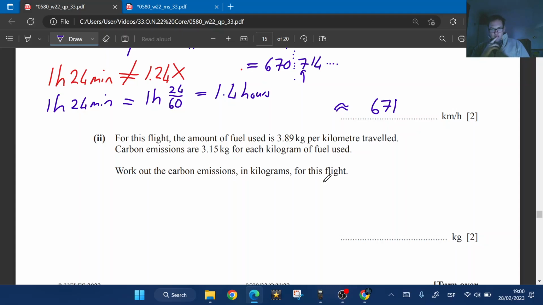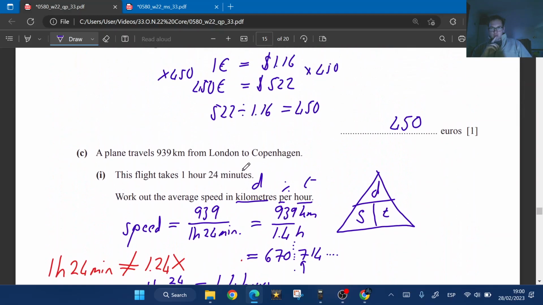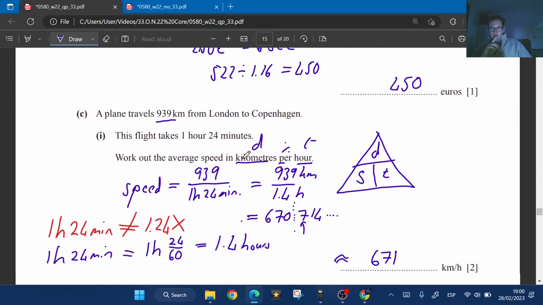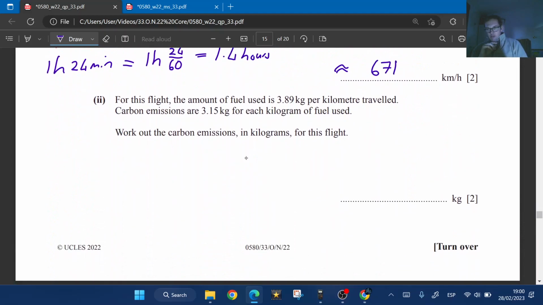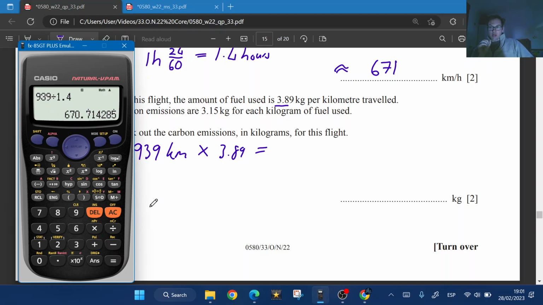So, how many kilometers do we travel? 939. Travel 939 kilometers times this value here, 3.89. That gives us the kilograms that are fuel used.